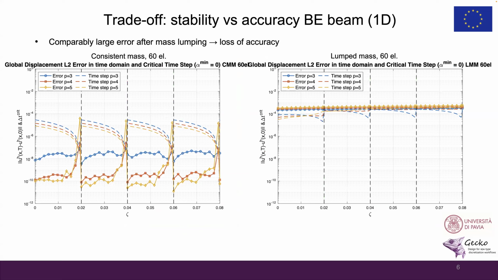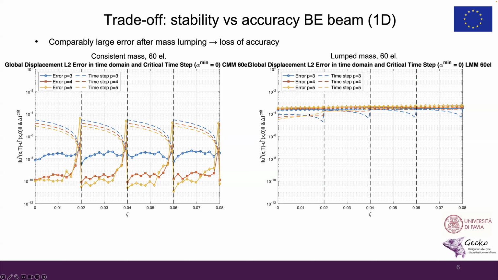Looking at accuracy results for the Bernoulli-Euler beam with single-mode excitation, the difference between consistent and lumped mass is evident. With the dashed lines, we can see the improvement of the critical time step after mass lumping.